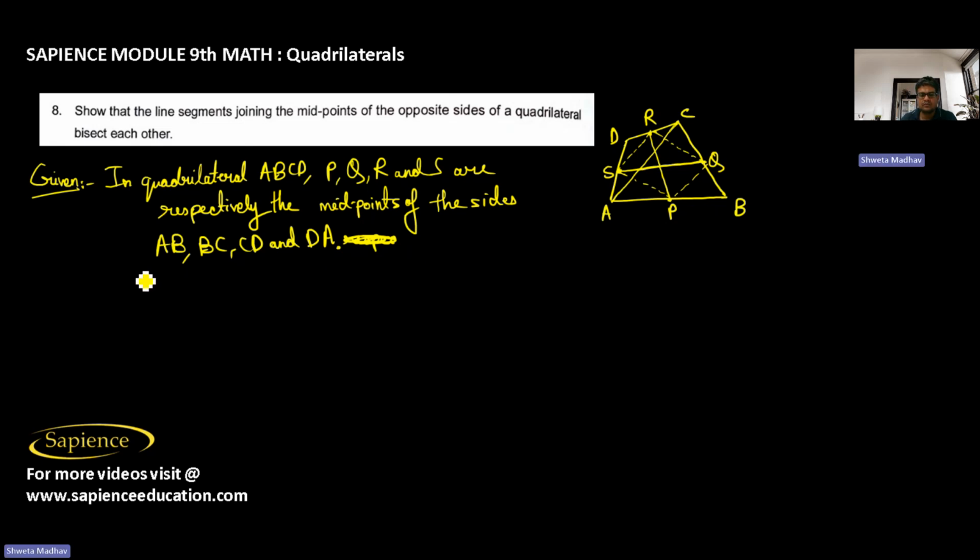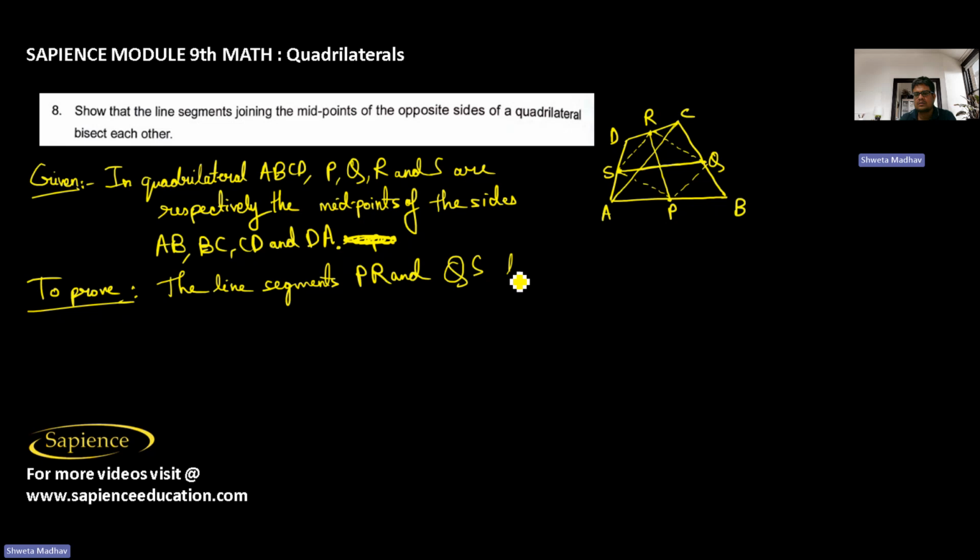So we have to prove that the line segments joining the midpoints of the opposite sides, it means line segments PR and QS, bisect each other.